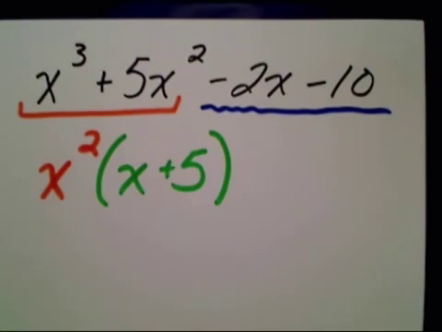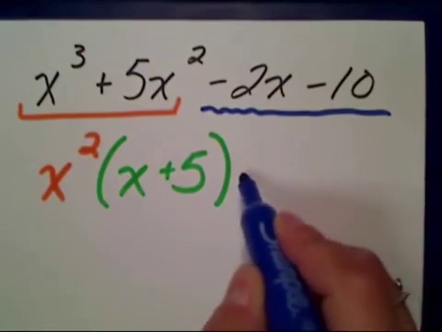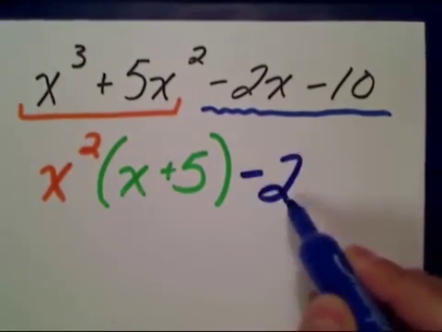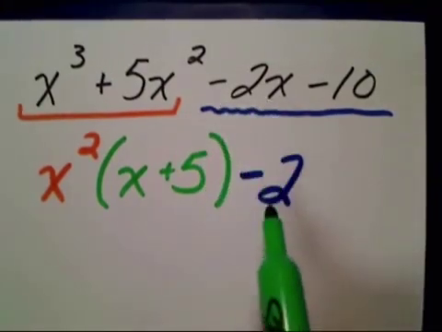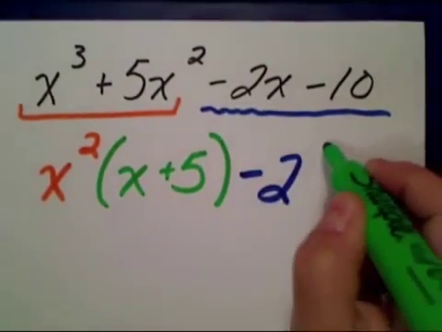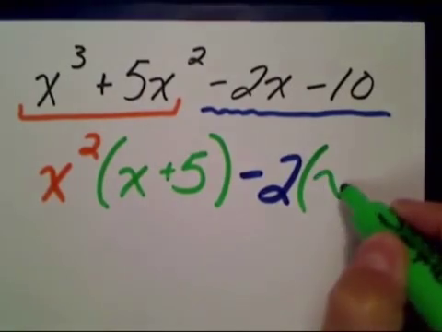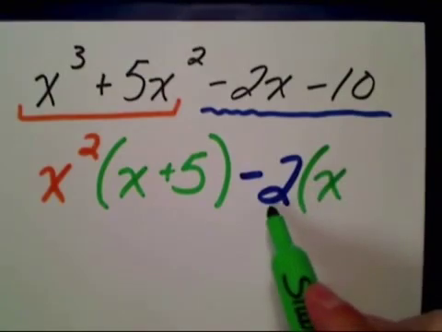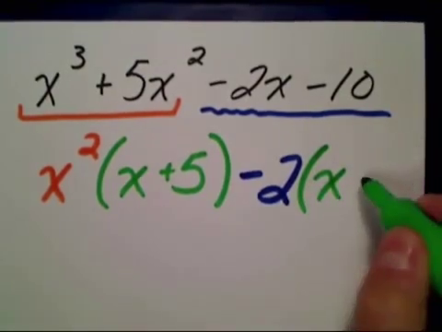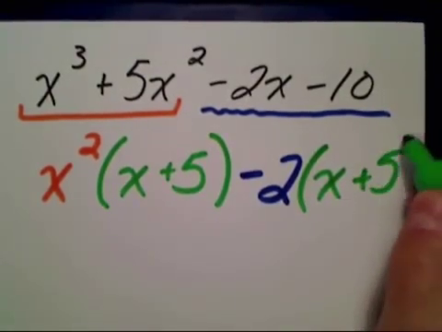What's common between a -2 and a -10 would be a -2. So my greatest common factor of these two terms is going to be a -2. I indicate that by using my subtraction. -2x divided by a -2, negative divided by a negative, is a positive x. -10 divided by a -2 is once again a positive 5.